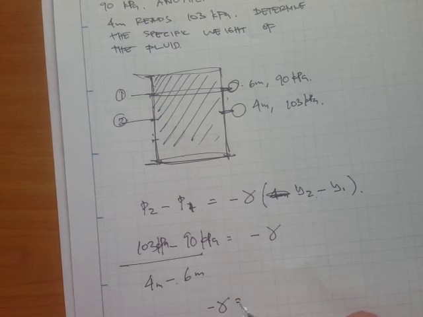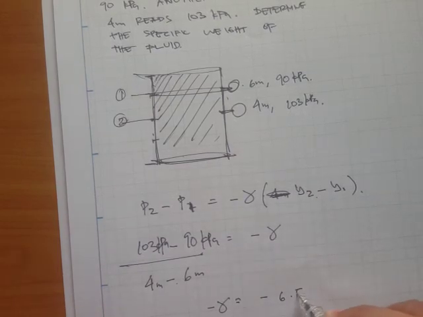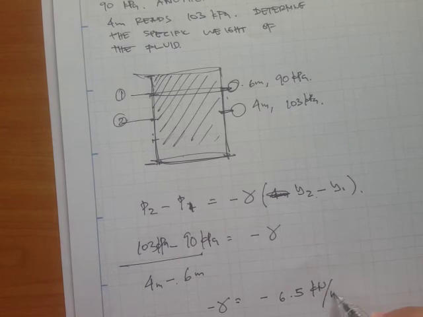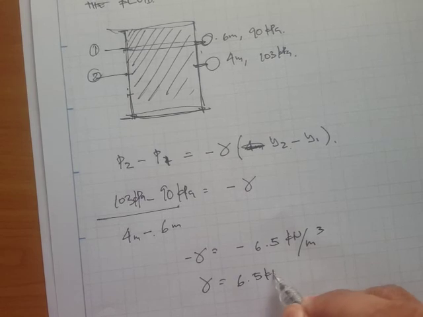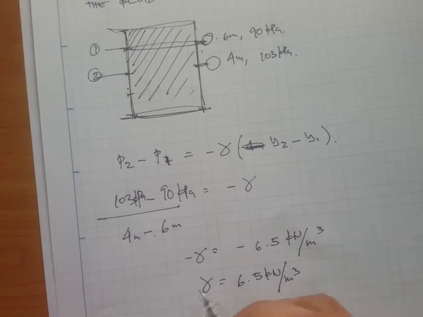Therefore, our unit weight is 103 minus 90 divided by 2. That's negative 6.5, or 6.5 kilonewton per meter cube.